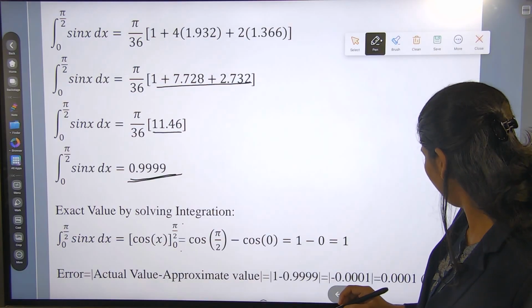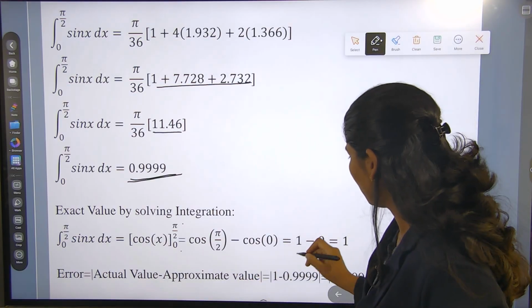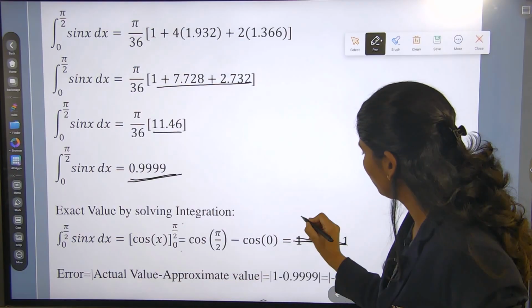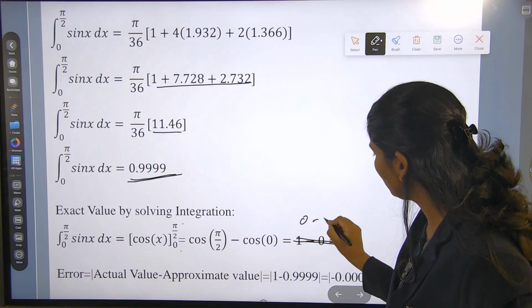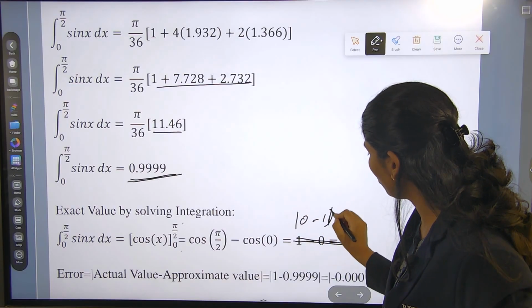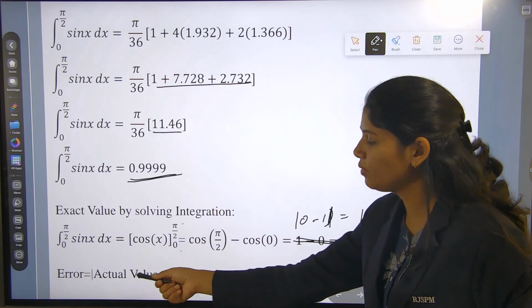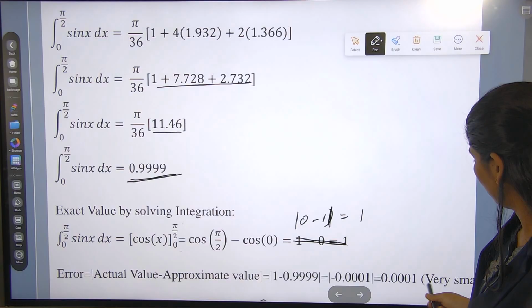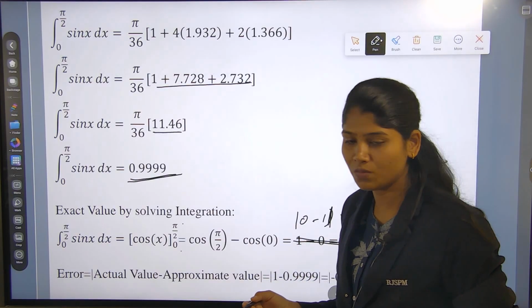Something is wrong there. Sorry. Cos of π/2 is 0 minus cos of 0 is 1. Take mod of this, so answer is 1. ठीक है. So error we get here actual value minus approximate value. So answer is 0.0001, which is very small.